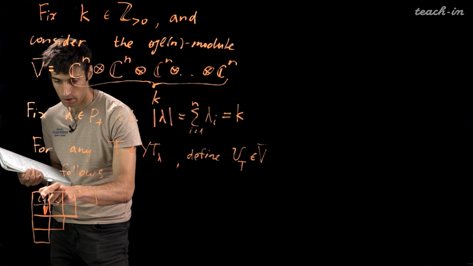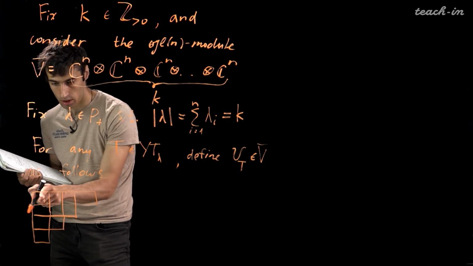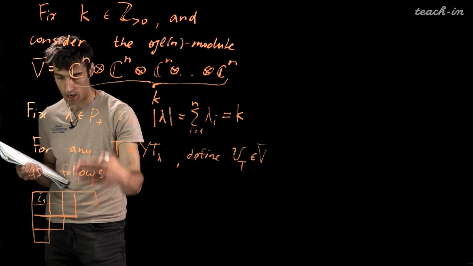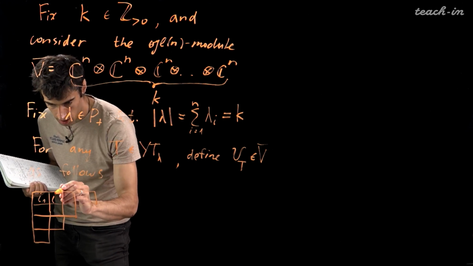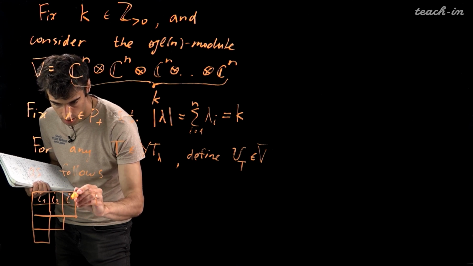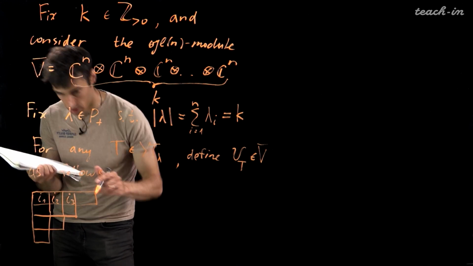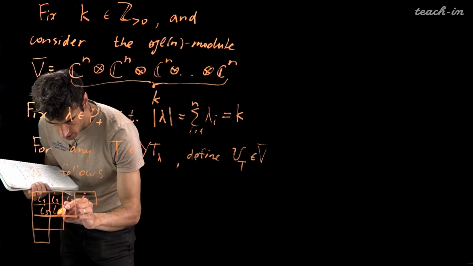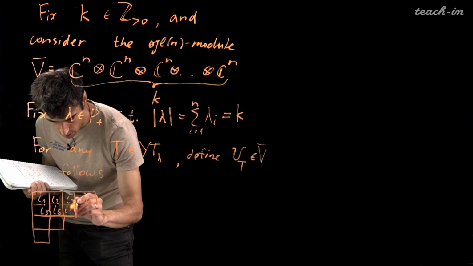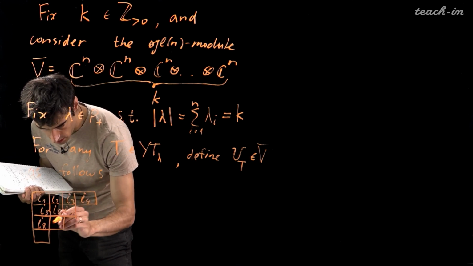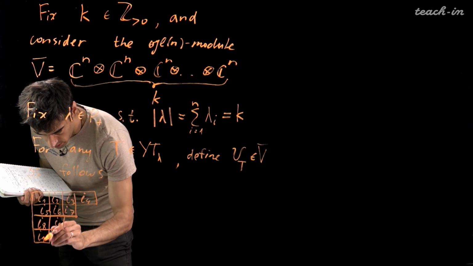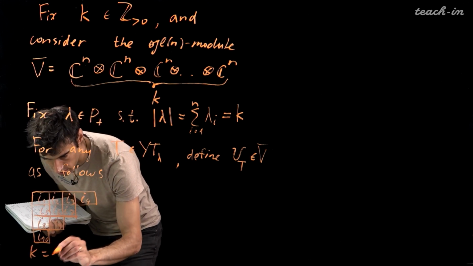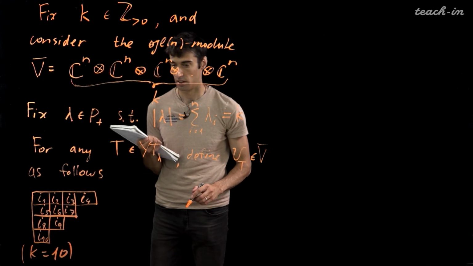And then I number fillings in the boxes consecutively from left to right, from top to bottom. So I2 lives in here, I3, and then I4, and then I5, I6, and so on. So I7 in here, 8, 9, 10, say. So k equals 10 in my example, right?